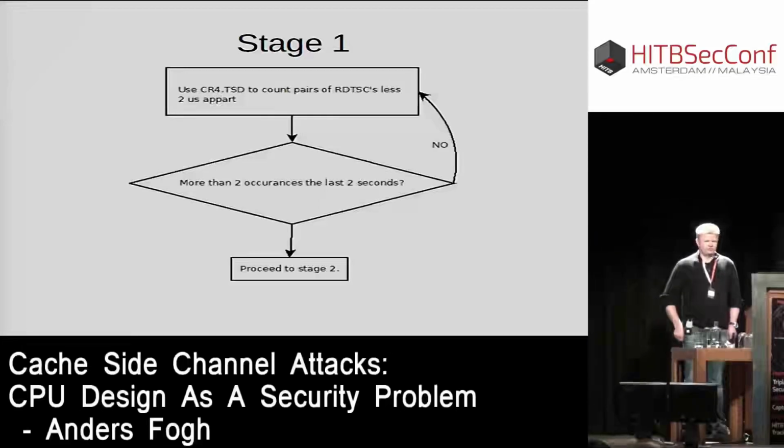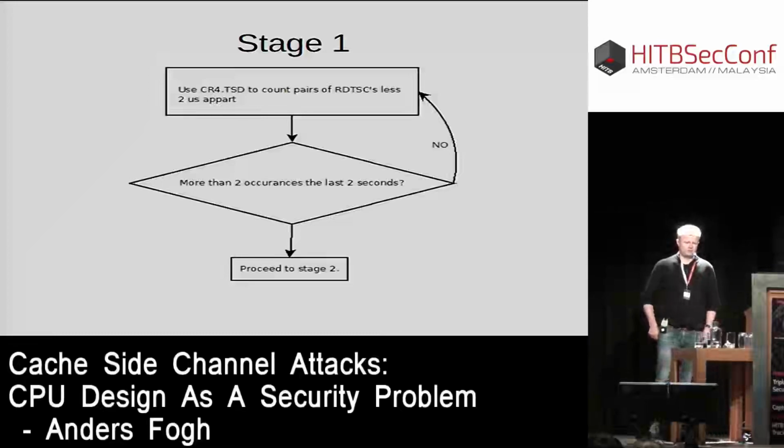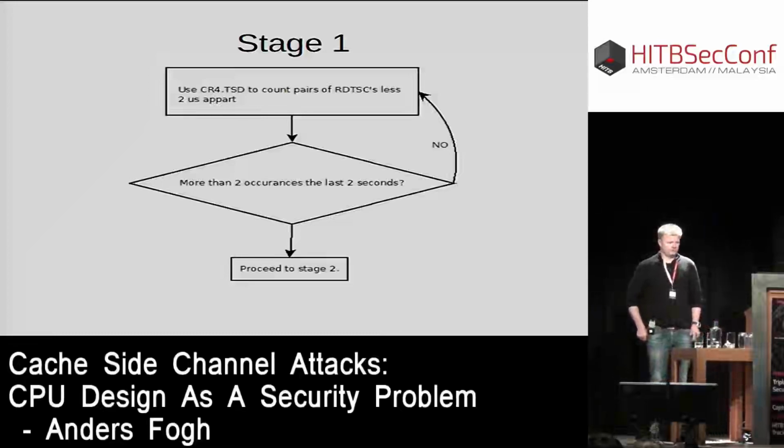What we do in the first stage is that we try to detect the bracket of RDTSC instructions, and here we use the CR4 TSD flag to get an access violation and count how many times we see RDTSC instructions less than 2 microseconds apart. The 2 microseconds is a tuning value. 2 microseconds is pretty conservative to what an attacker can actually afford to spend between RDTSC instructions.